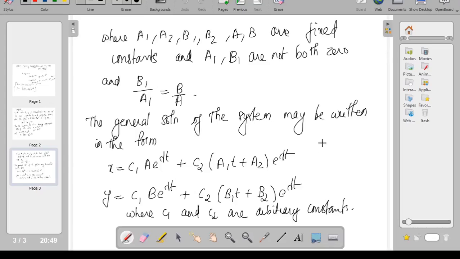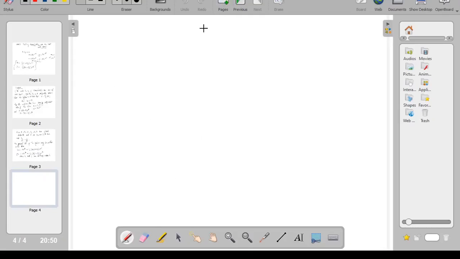So this is the form of the general solution when you have real and repeated roots. We will see an example of how to solve a system of equations when you have repeated roots.